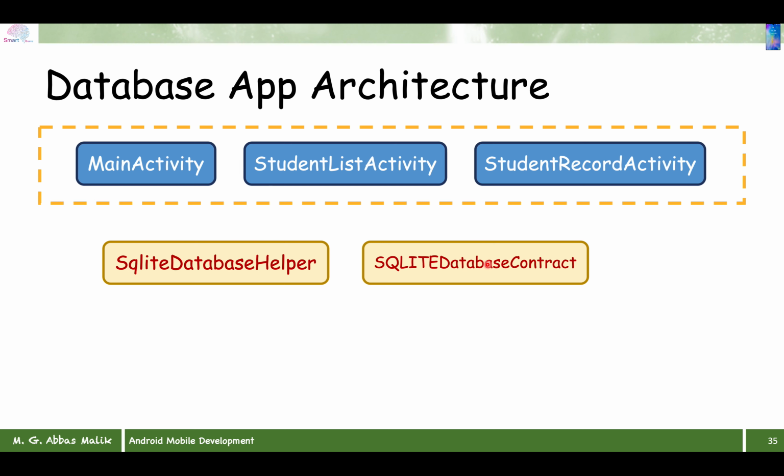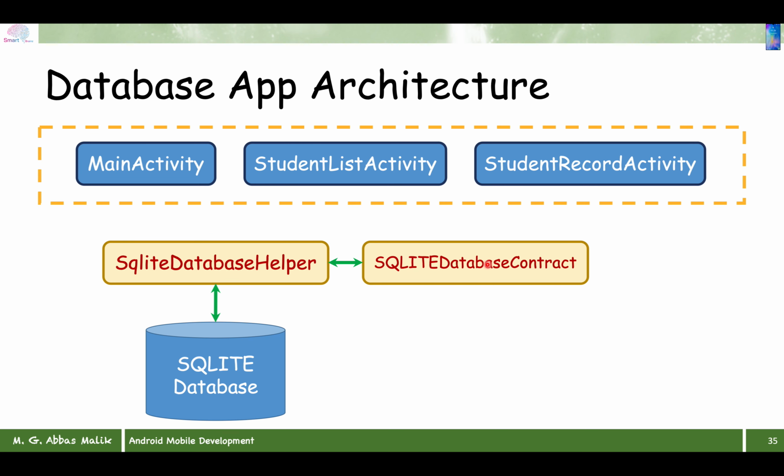And then we also have a SQLite database helper, where we have defined all the methods: how we are going to create the tables, how we are going to insert, read, update, and delete the records in the tables.